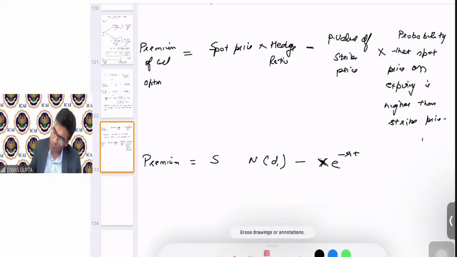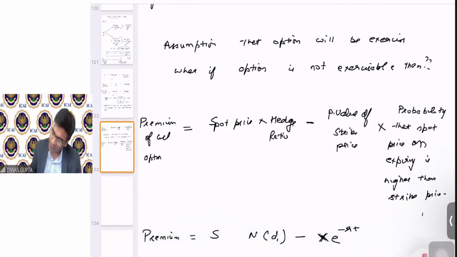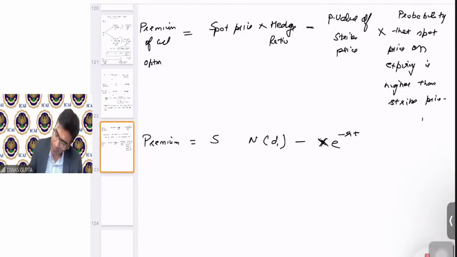Let me do one thing, otherwise you might get confused. Okay, X e^(-RT) into N(d2). So S multiplied by N(d1) minus X e raised to the power minus RT N(d2). So S here is the spot price.